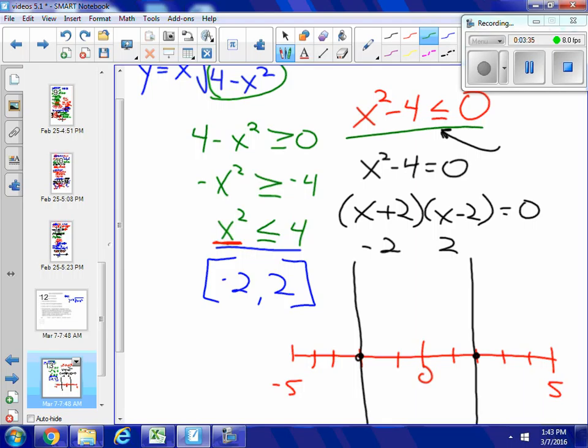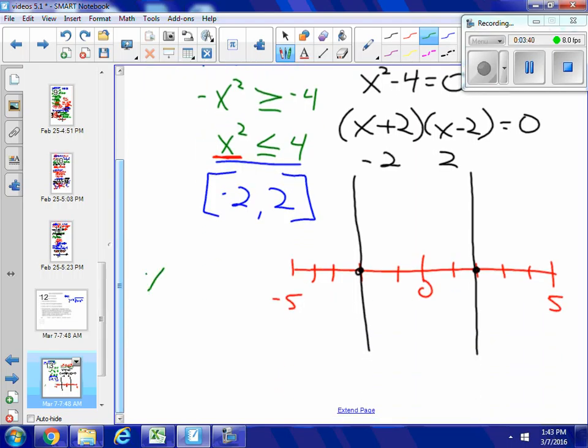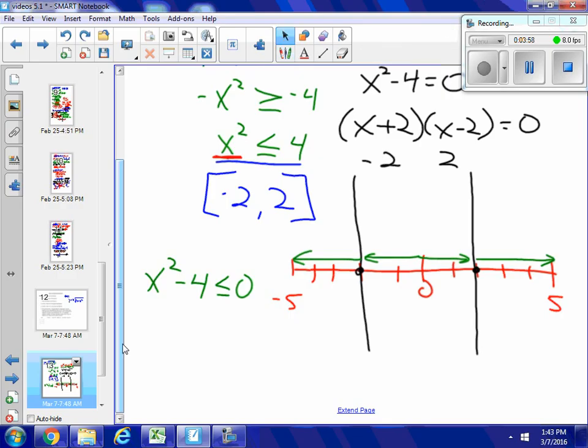Let me rewrite it: x squared minus 4 less than or equal to 0. I'll test it in this interval, then this interval, and then that interval, because all numbers in each of these intervals will be the same, whether it's true or false.